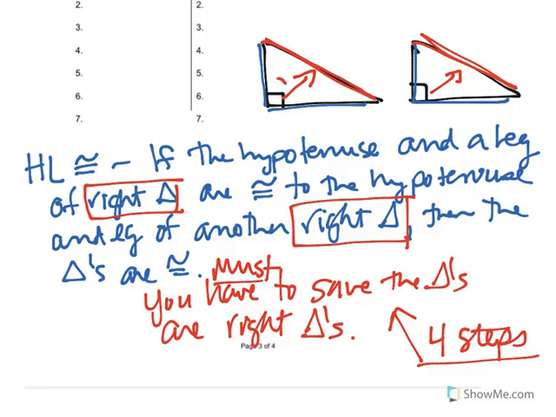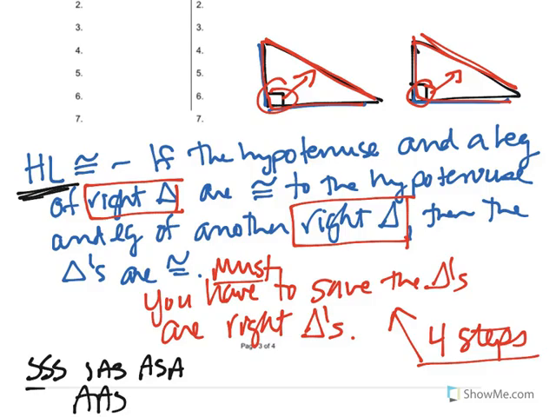You've got to say it has a right angle, therefore it's a right triangle. Now, this particular postulate is a little different from the other ones because side, side, side, side, angle, side, angle, angle, side all have 3 parts that have to be proved, whereas in hypotenuse leg, we just have 2 parts.